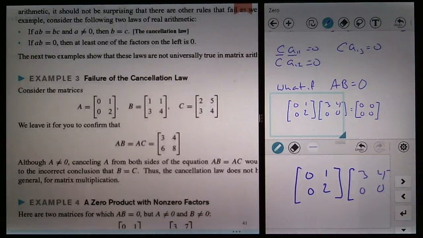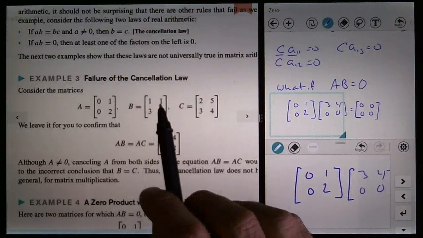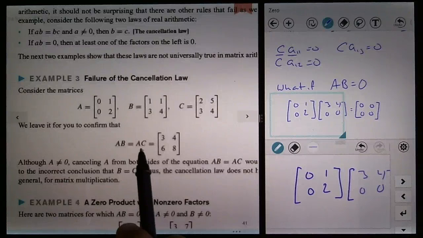One other property that I want to point out here that's different about matrices than real numbers. This is similar to the last thing we just looked at, but with real numbers, suppose you had AB equaling AC, where A is not equal to 0. Then we could conclude that B is equal to C, right, for real numbers.